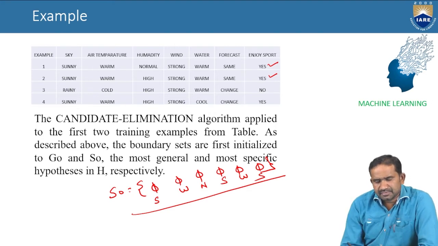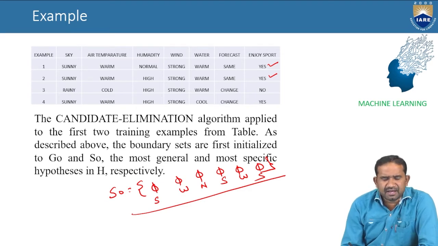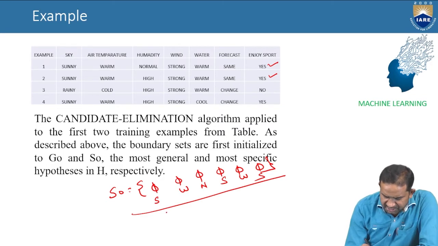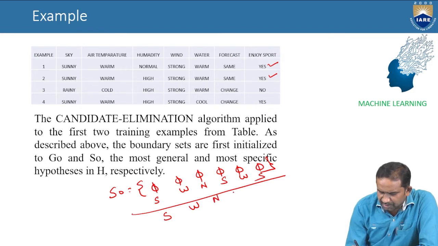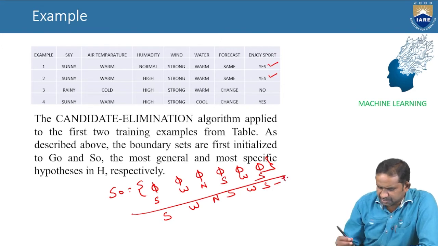As I said, if any parameter is compared with the null value, that same value comes as the output. So null value with sunny, warm, normal, strong, warm, and same gives the specific hypothesis S1.